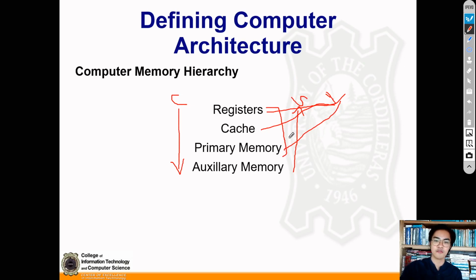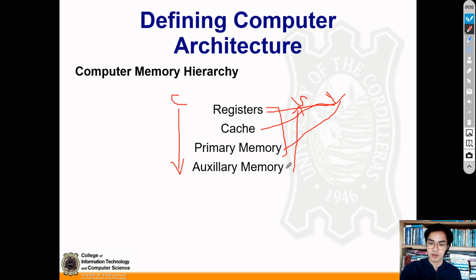So when you turn off your computers, the data in these usually are deleted, unless you have some sort of algorithm that stores it up until the next boot. Especially with your RAM, every instruction loaded in your RAM is usually wiped out when you turn off your computer or restart your computer.